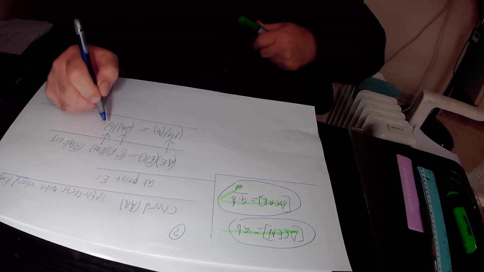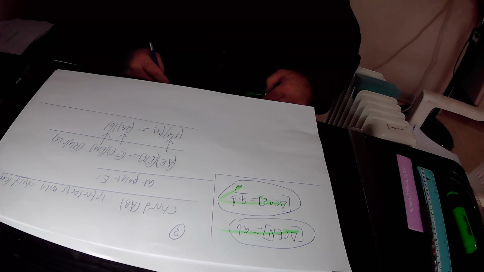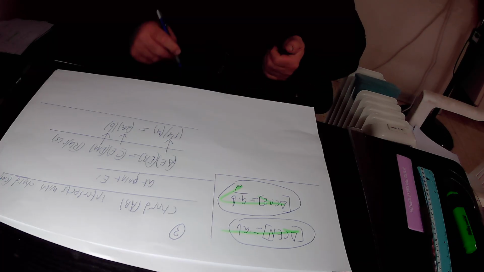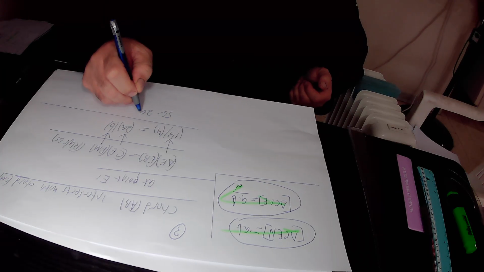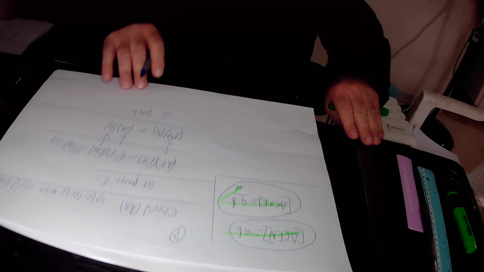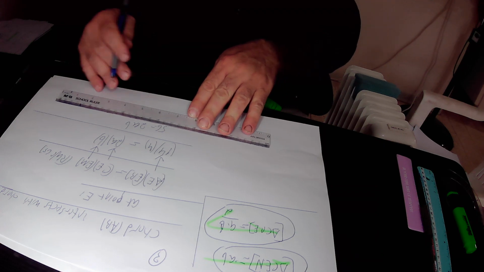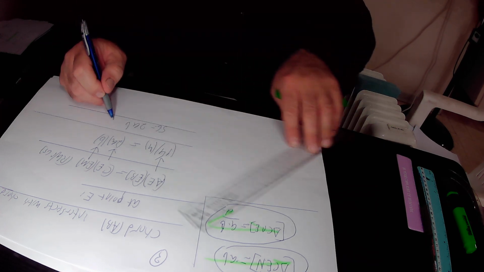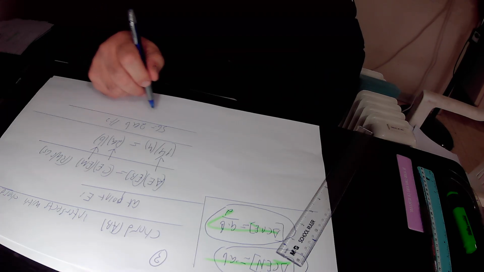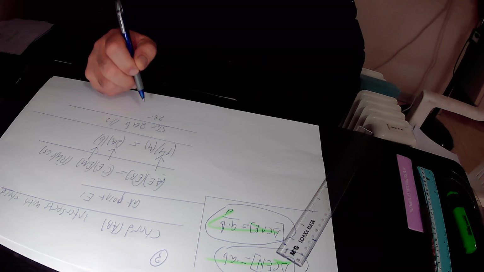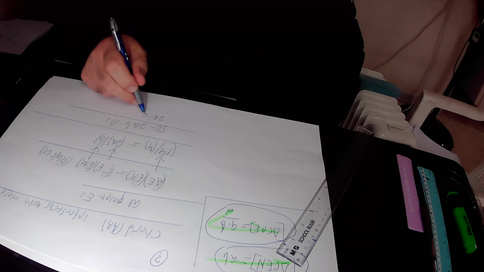So in total, we found that 14 times 4 equals 2AB. 14 times 4 is 56, so 56 equals 2AB. Here we divide this equation by 2, and finally we get that 56 over 2, which is 28, equals 2AB over 2, which is AB.